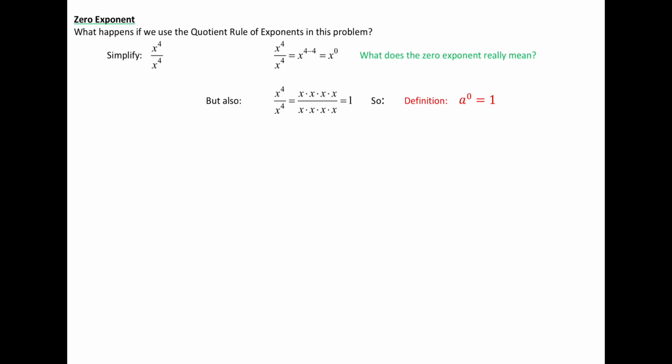Okay, zero exponents. Let me explain what all of this does by doing it again. And I'm going to use n's just because. So n to the fourth over n to the fourth. What does that mean? Okay, this means we have 4 n's on the top, 4 n's on the bottom. These cancel, leaving you a 1. These cancel, leaving you a 1, a 1, and a 1. Technically, they're on the bottom as well.